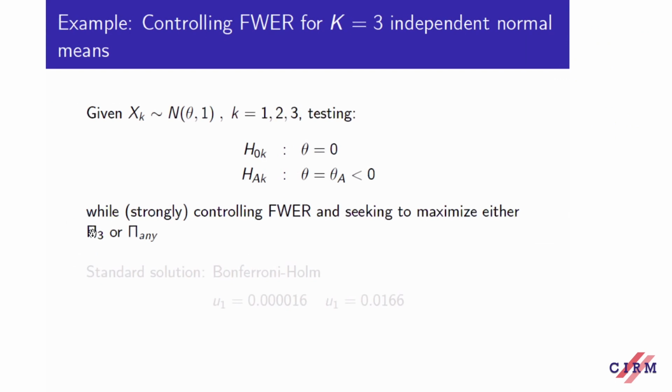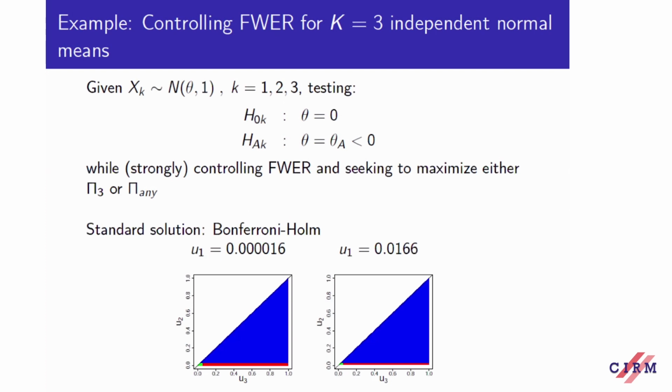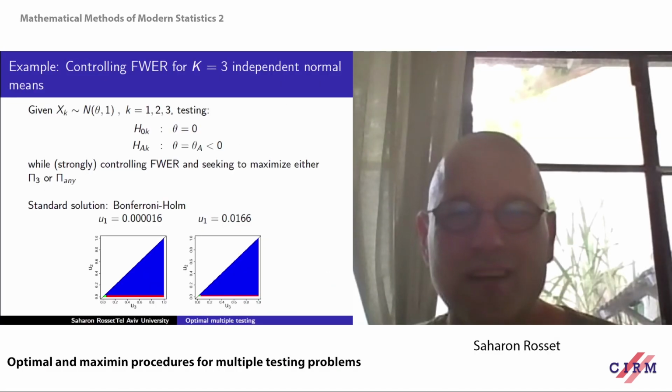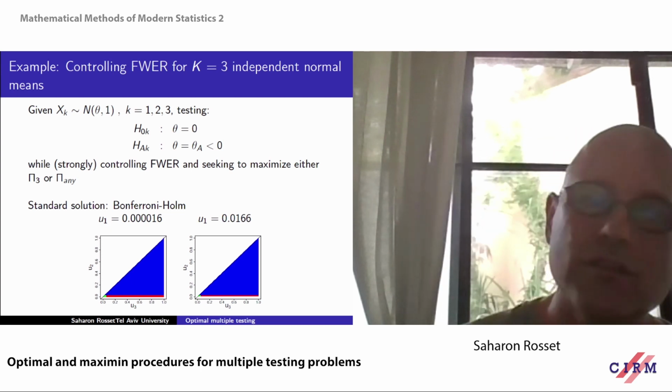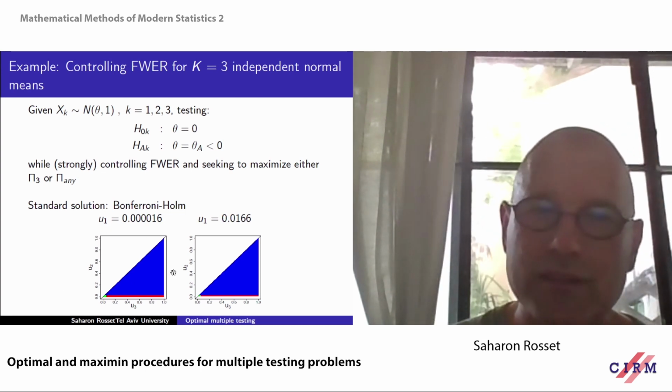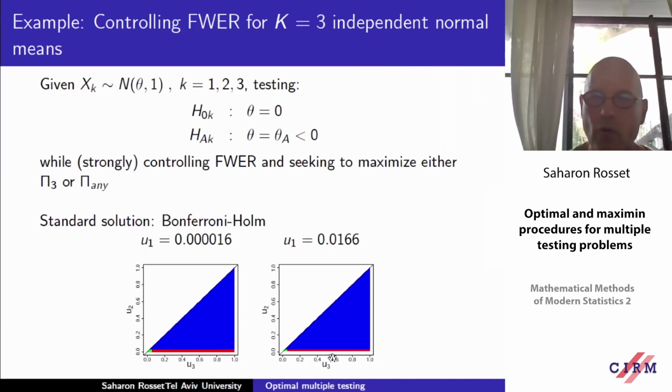So pi3 is the expected number of true discoveries when all nulls are false. And what I'm going to be comparing to is the simplest and most well-known solution for this, Bonferroni-Holm.